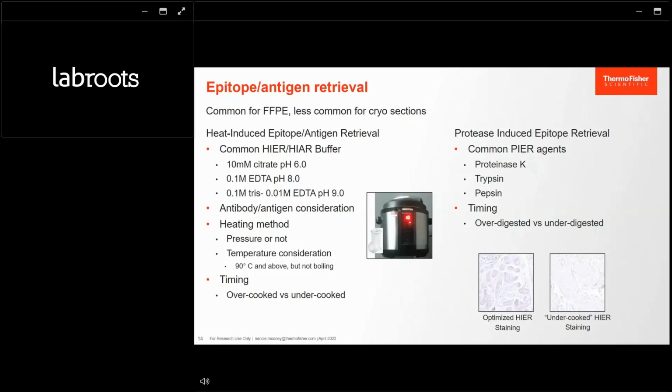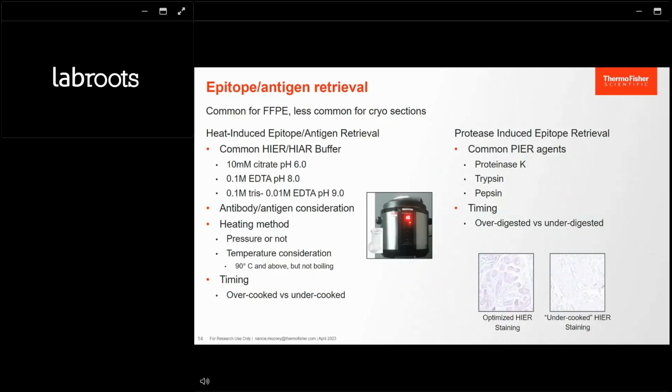I have an example here where in one situation, the tissue was placed in a pressure cooker and cooked for 10 minutes. And then to the left, we have one where it was cooked for 20. And you can see that by 20, we're actually seeing the staining, we're getting good response, but at 10, the antigens just haven't been fully retrieved yet.